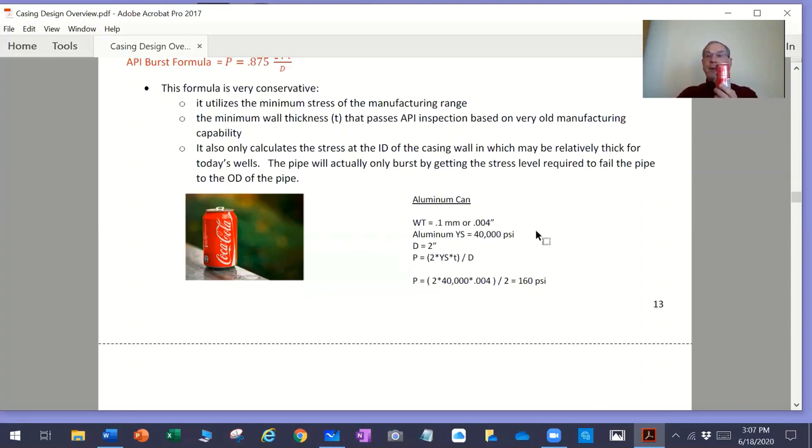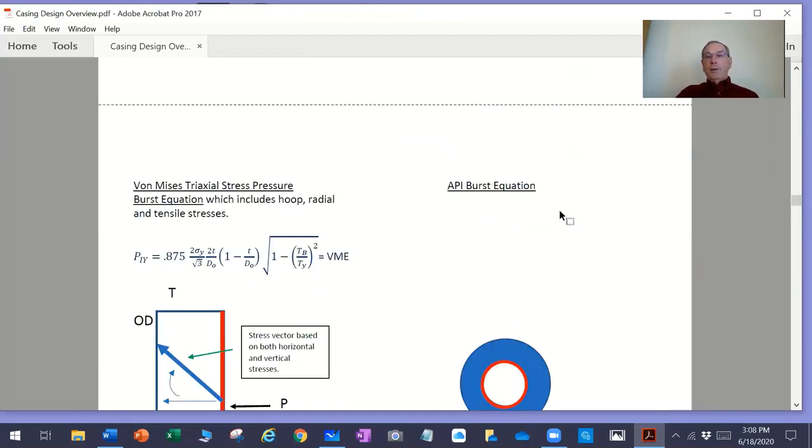It has a diameter of about 2 inches. And if we use the same formula, pressure is equal to 2 times the yield strength times the wall thickness divided by diameter. This soda can probably has a rating in the order of about 160 psi. So you probably didn't even know a soda can was good for about 160 psi, but that's true. Makes you feel comfortable that it's not going to burst on us.